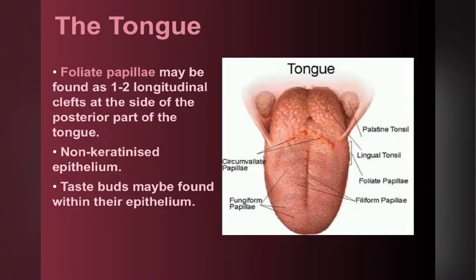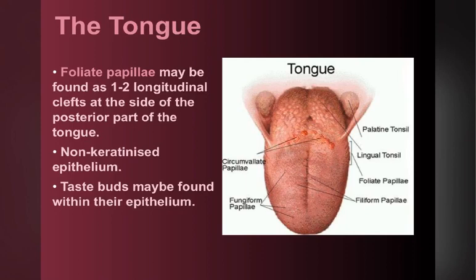Foliate papillae, they are located here and here. They are located at the most posterior lateral region of the anterior two-thirds of the dorsum of the tongue, and they are a group of alternating ridges and grooves running in a vertical direction.